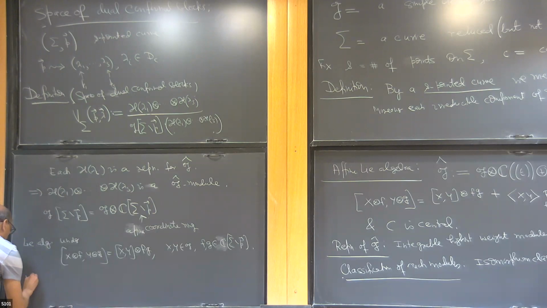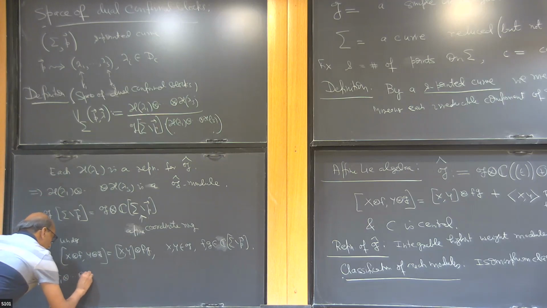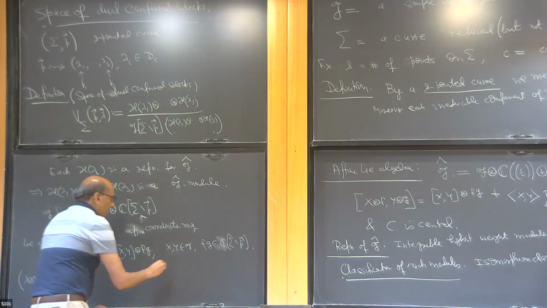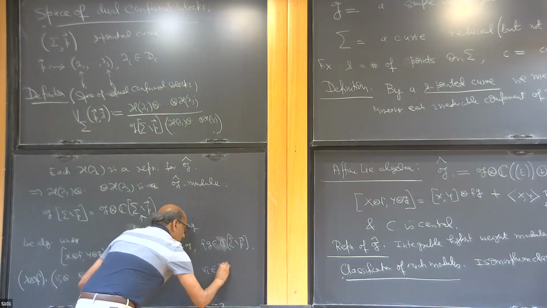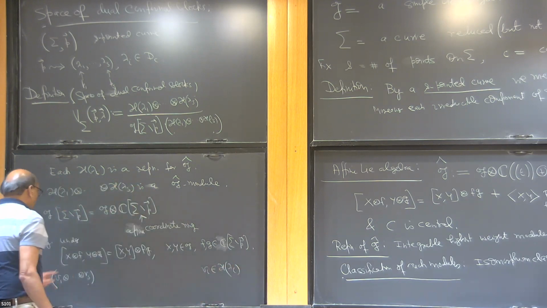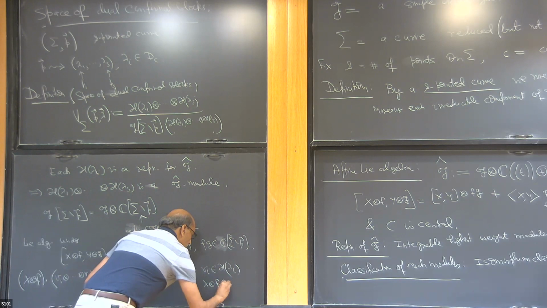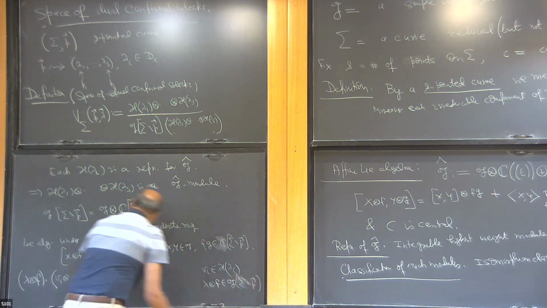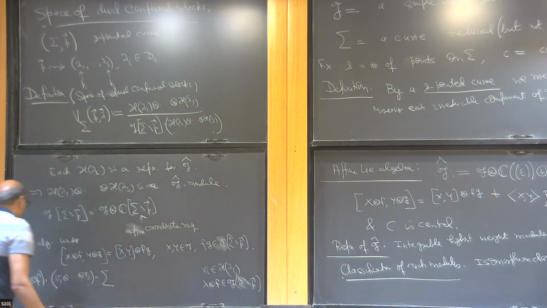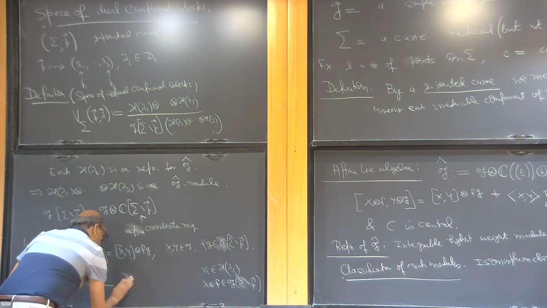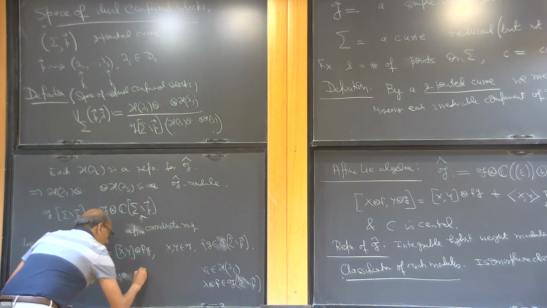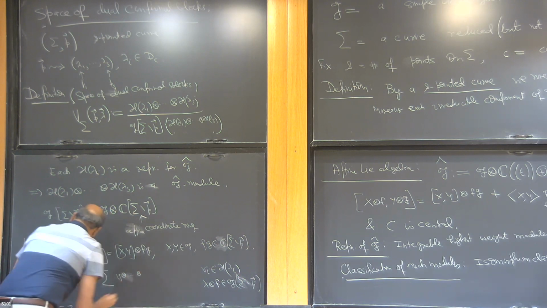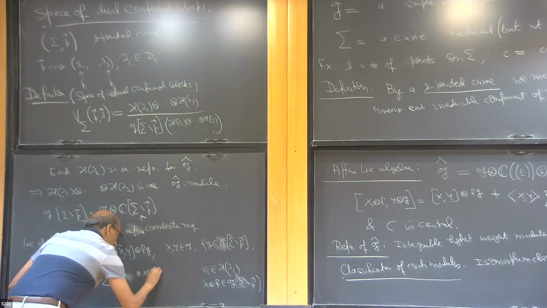Let's take X tensor F acting on some element here, which I'm going to write as v1 tensor through vS. Here v_i is in H of lambda i, and X tensor F is in G of sigma minus P. Now this action is: in the ith factor, I'm going to take X tensor F_{P_i} acting on v_i.